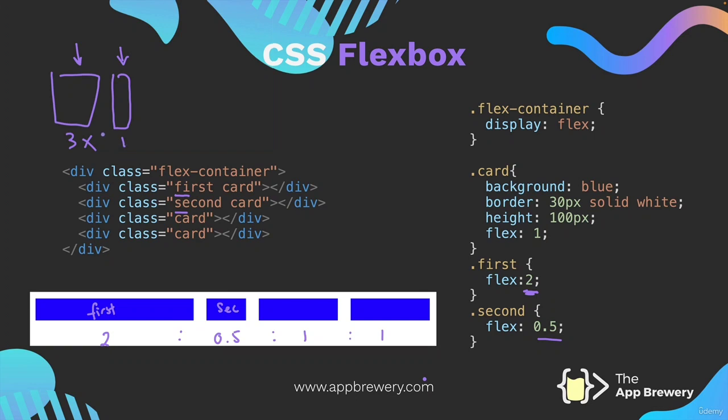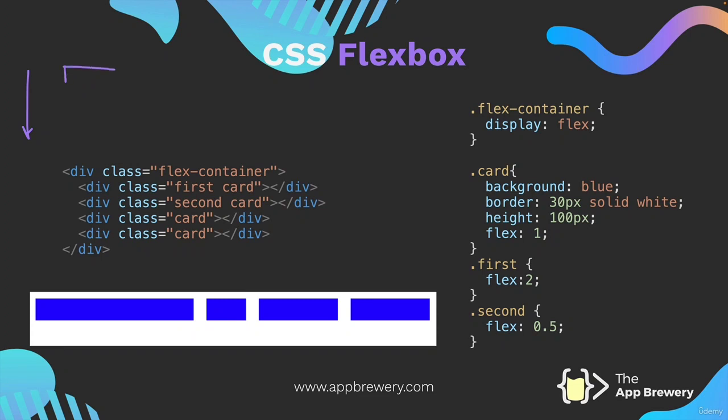But alternatively, you can flex in this direction. So maybe you want a heading section that is a flex of 1. And then you have the main content here, which is a flex of 3. And then you have a footer, which is also a 1. So then it's going to divide up the total height that you have on the web page. So in this case, we have 5 units, and then divide it up according to what you've set for the flex.